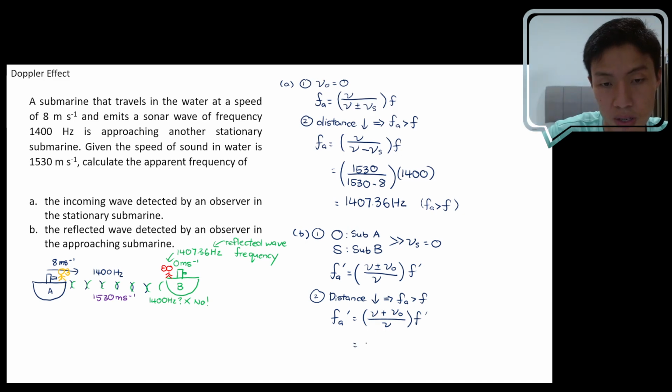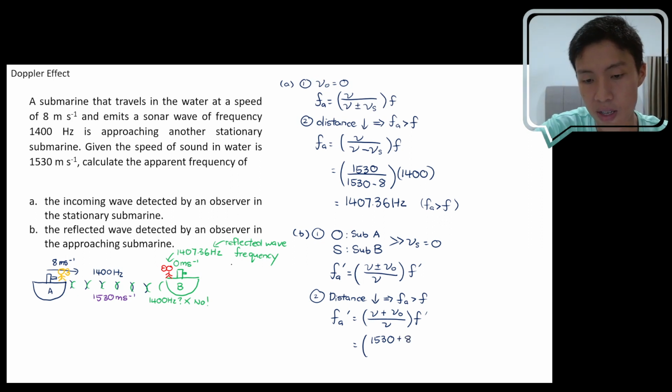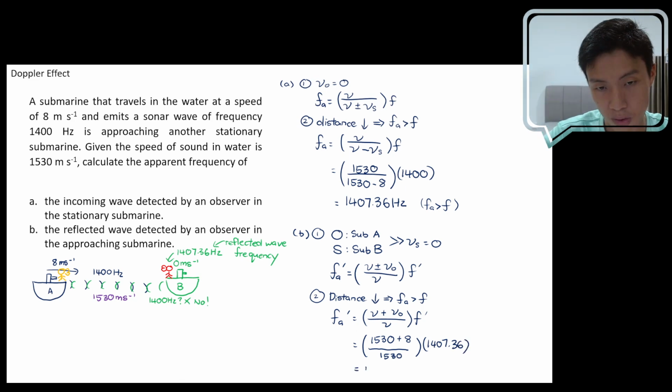Okay, so equal substitution again, 1530 plus the observer, which is submarine A, is moving at 8 meters per second, still the same, divided by 1530. Then your new frequency now is 1407.36. So if you calculate it, you get your new apparent frequency to be equal to 1414.71.